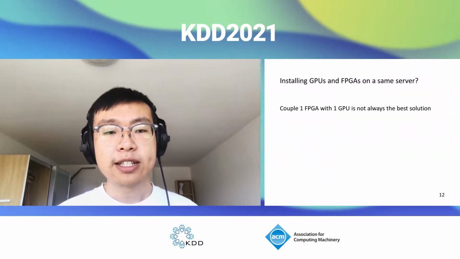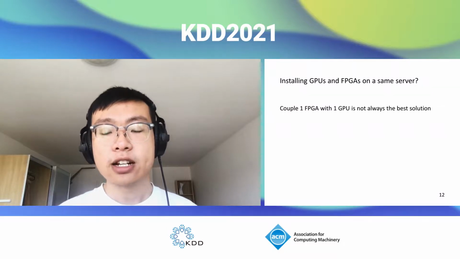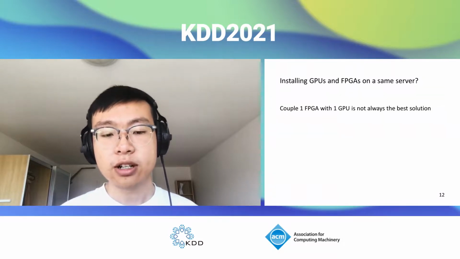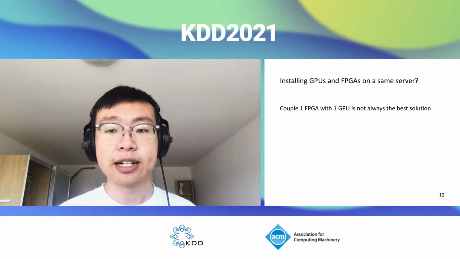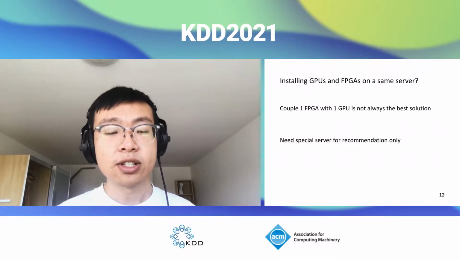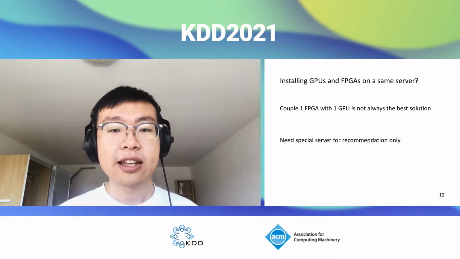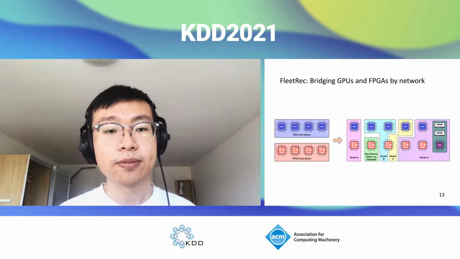So if we want to set the ratio on the server, how many FPGAs and how many GPUs you want to install, then you are restricting yourself, because when serving different models, the other type of hardware will be underutilized. And another problem is that current data centers do not have servers that install GPUs and FPGAs on the same server. So you can rarely find any of them.